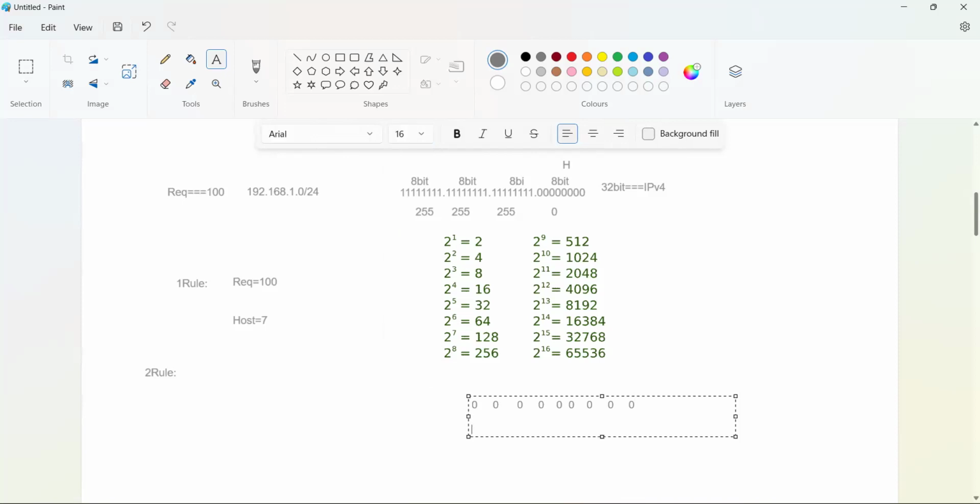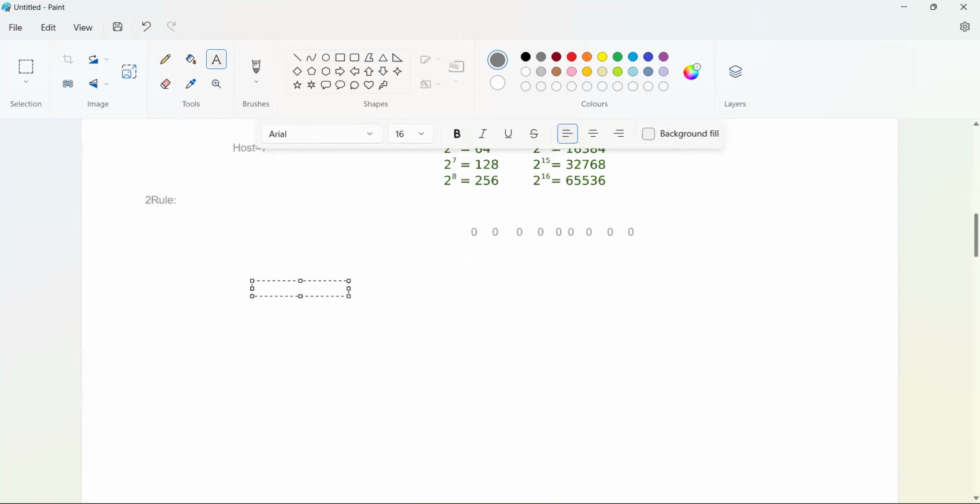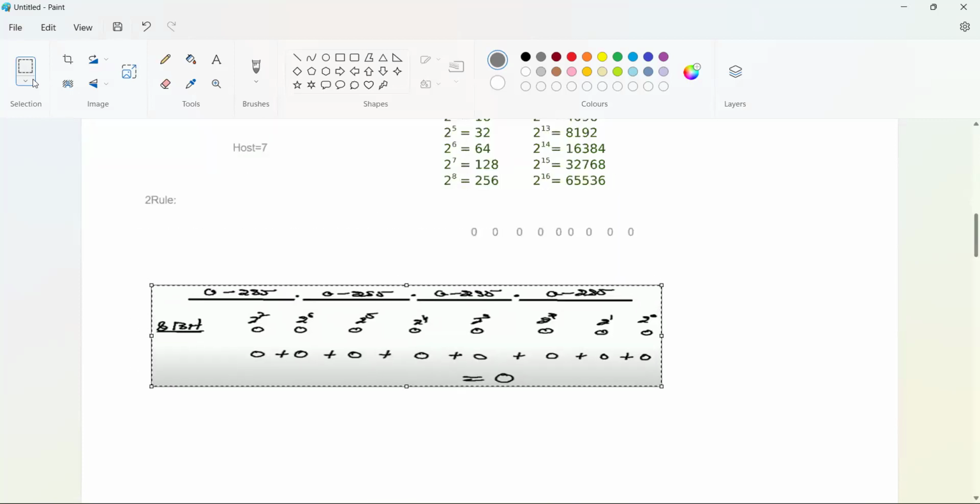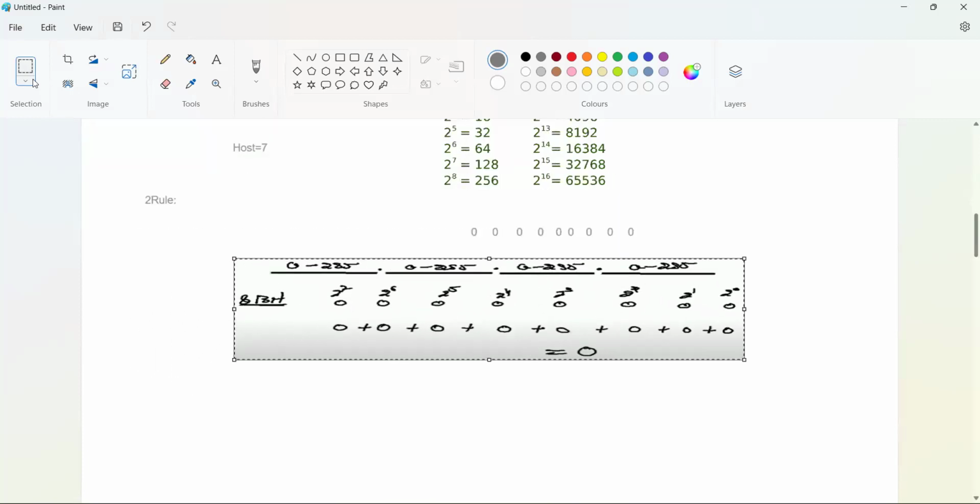The values are all zeros only now, because of the powers of 2 we discussed yesterday, whichever value is there, those are the zeros. I'll show you yesterday's explanation. 0, 0, 0, 0, you will get the answer 0.